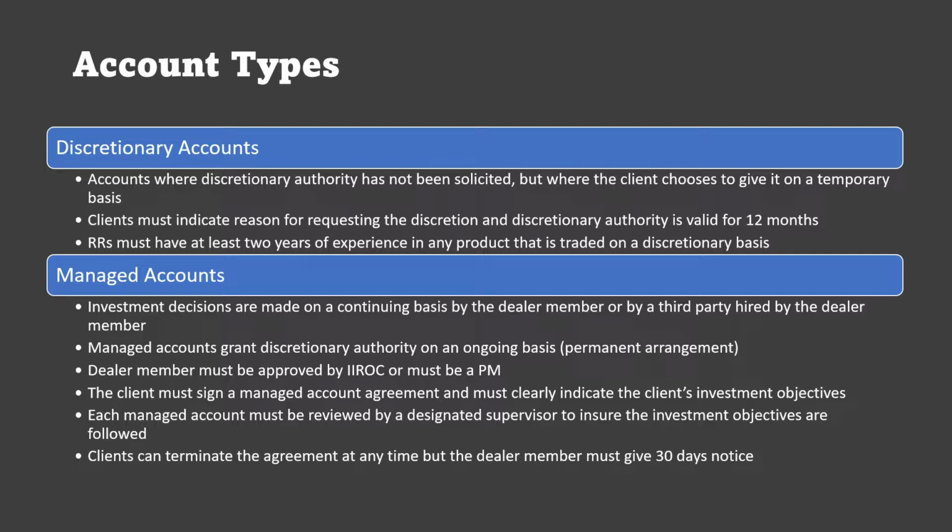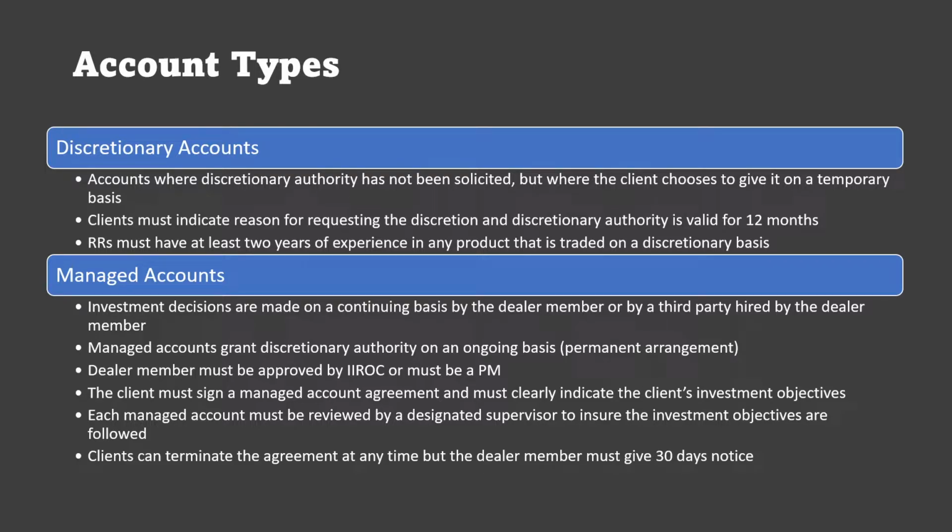And that's the key to remember about discretionary accounts, is that the client is giving discretionary authority on a temporary basis. So clients must indicate the reason for requesting the discretion, and a discretionary authority is valid for 12 months.